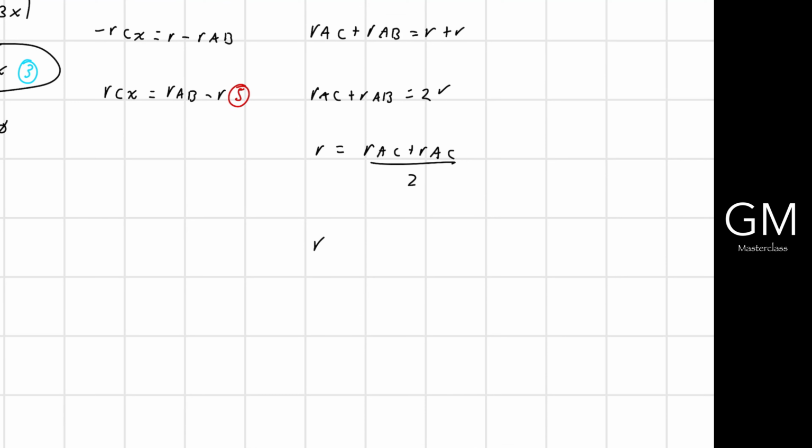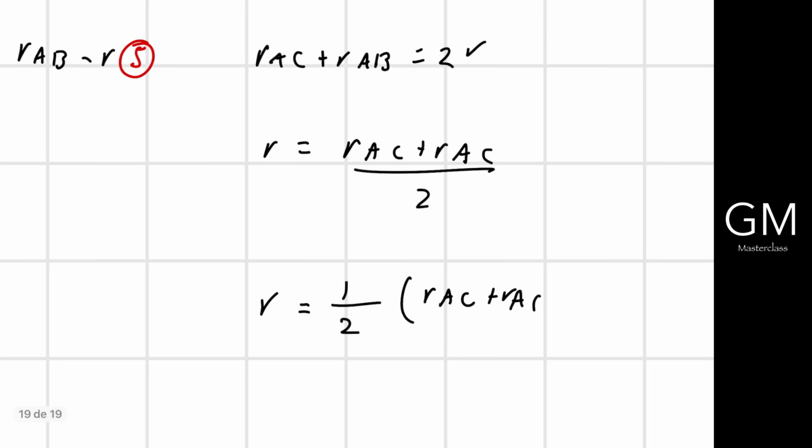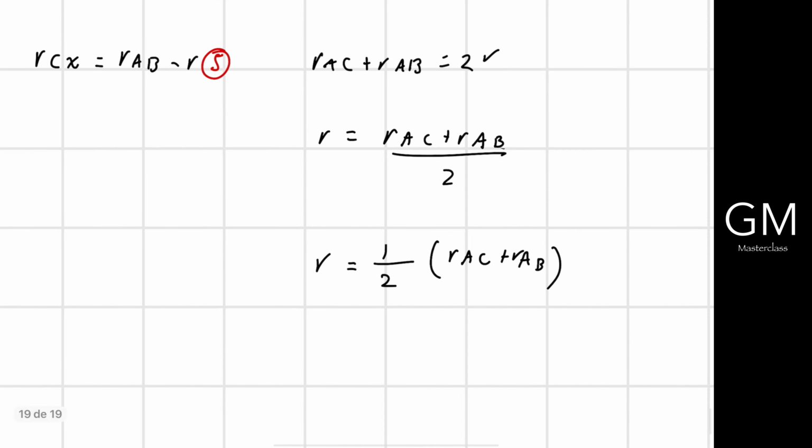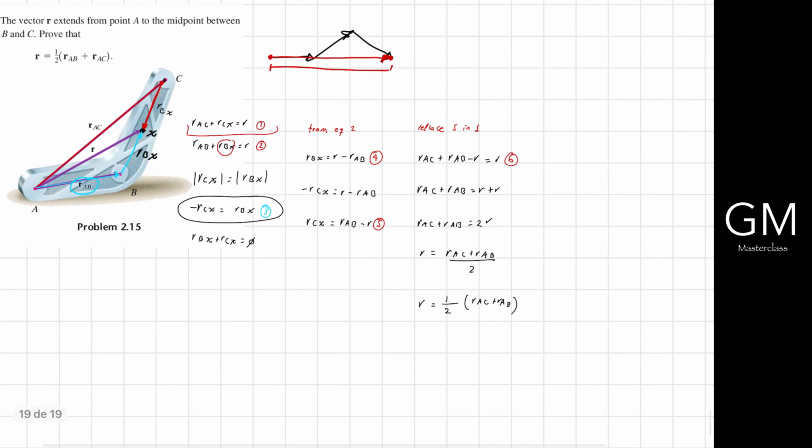And this is the same thing as having r is equal to 1 divided by 2 multiplied by the summatory of r_AC plus r_AB. Sorry, my mistake. Just that I'm saying a lot of r. And this is the same thing that we needed.